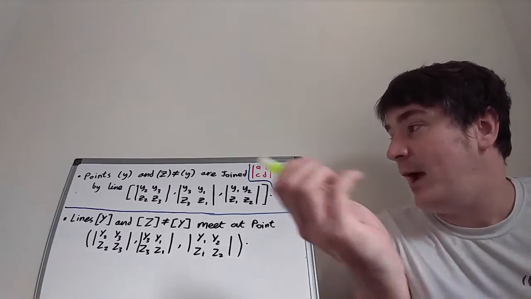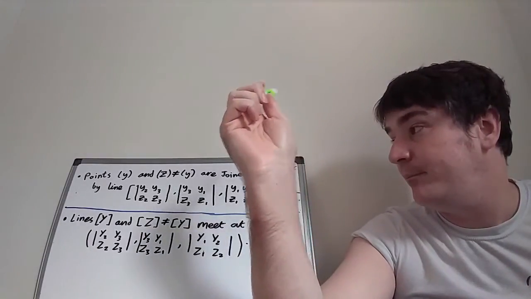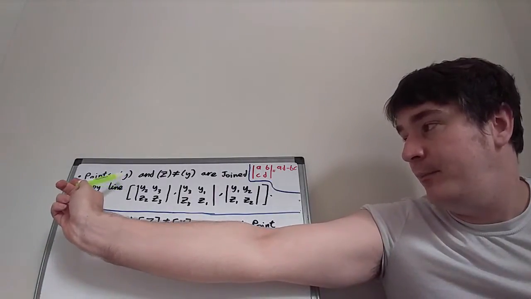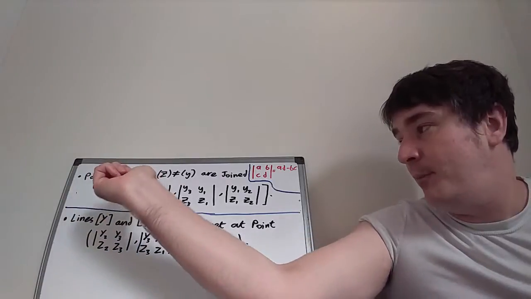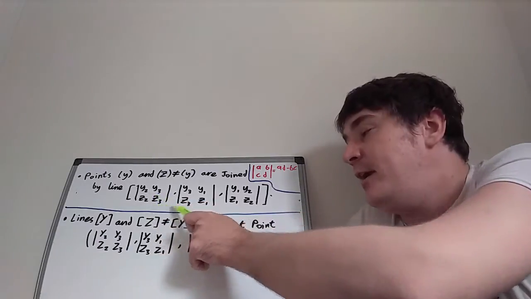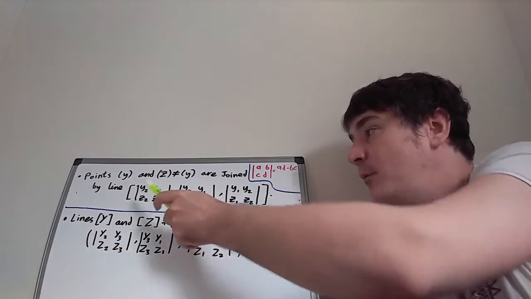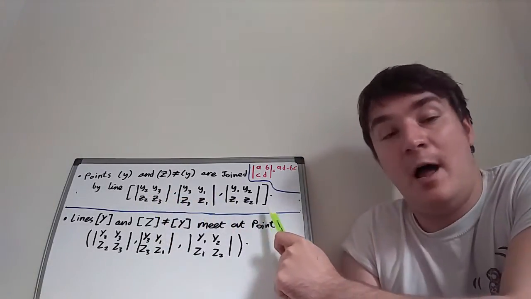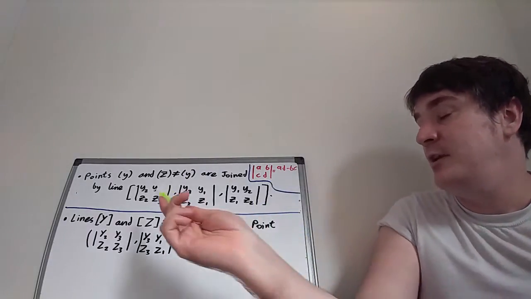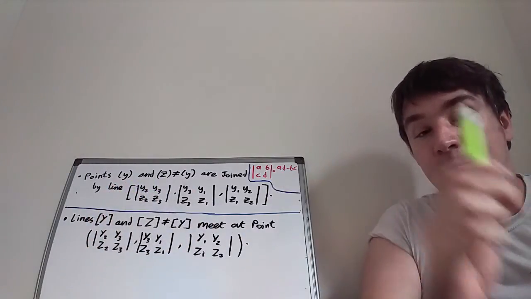So the first axiom is that every pair of points is connected by a line. Basically, if we have a point y and a distinct point z, then this here is the coordinates of the line that joins y and z. So, for example, the first entry is the determinant of y2, y3, z2, z3.